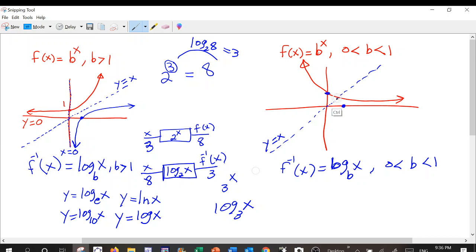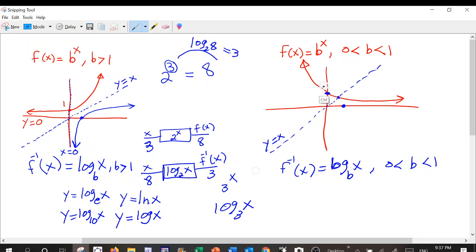Now, notice that that point right there doesn't go anywhere because it's on this line y equals x. So if you switch x and y for this point, the point doesn't go anywhere, so that means that's the point they have in common, the blue and the red. The inverse and the function have that in common.